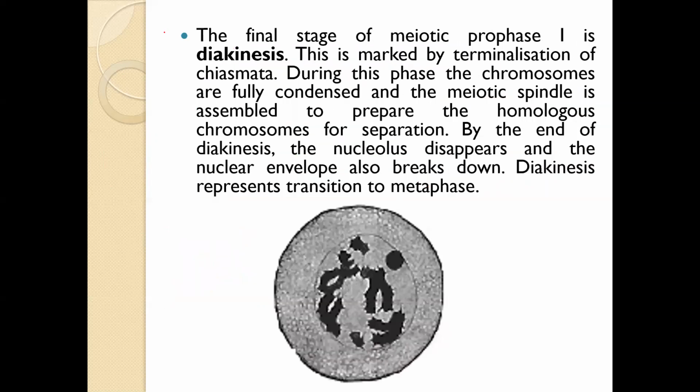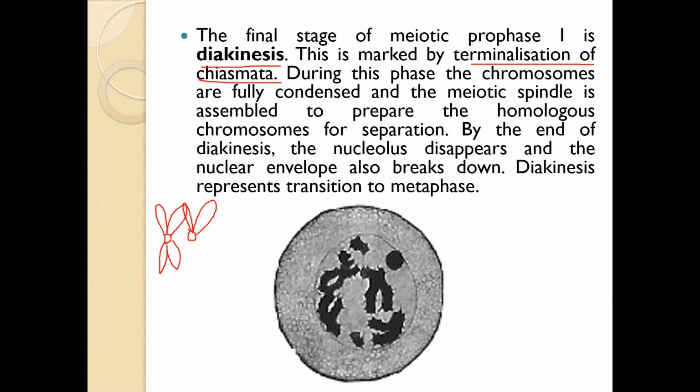So now we are going to discuss the final stage of meiotic prophase I, and that step is diakinesis. So what is the meaning of diakinesis? This is marked by the terminalization of chiasmata. That means now again I am trying to draw a picture of this thing.